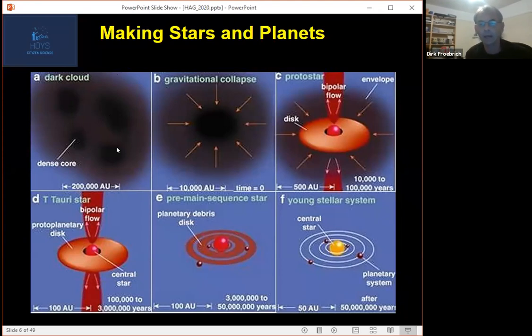But every now and again, in certain places in these clouds, you get regions where gravity is winning the game, where gravity by chance is the strongest force. So by chance, there's enough material collected in a certain part of that cloud that suddenly gravity becomes the dominant force. Once that happens, the cloud starts to basically collapse into itself.